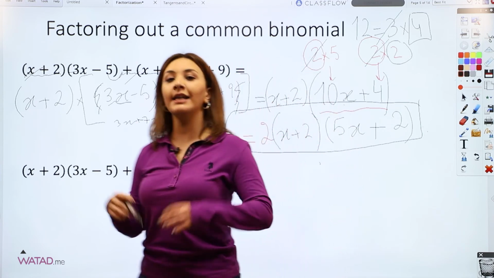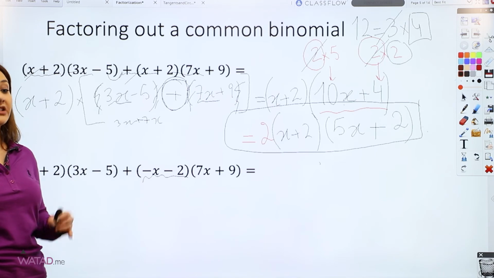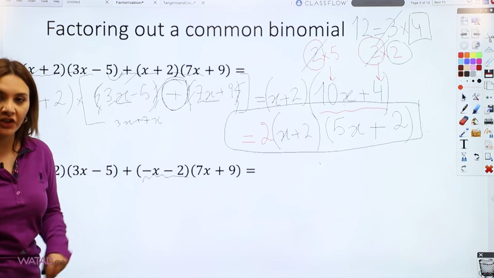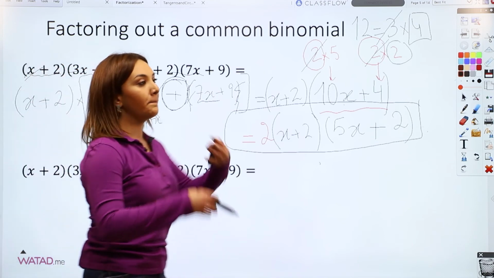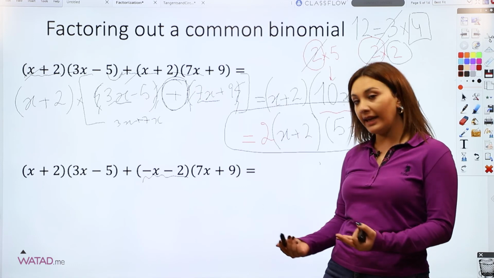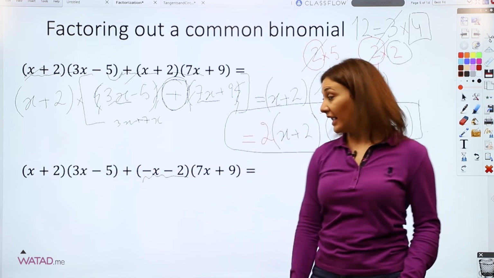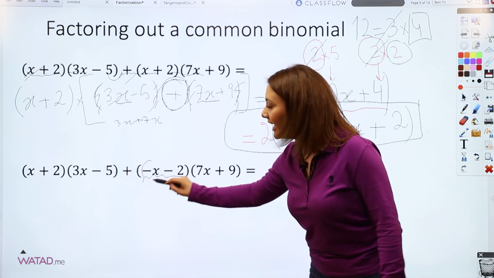I cannot directly take x plus 2 and negative x minus 2 as a common factor because the sign matters in here. I cannot take it out. What can I do? How can I modify negative x, negative 2 to be x plus 2? Since they are both negative sign, I can take out the negative sign.